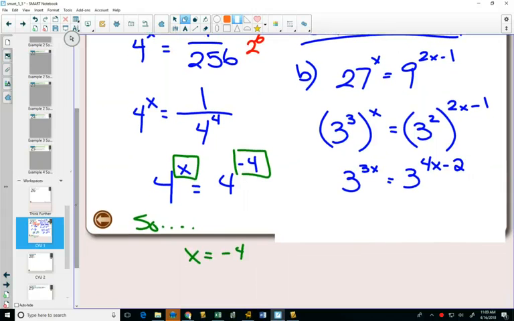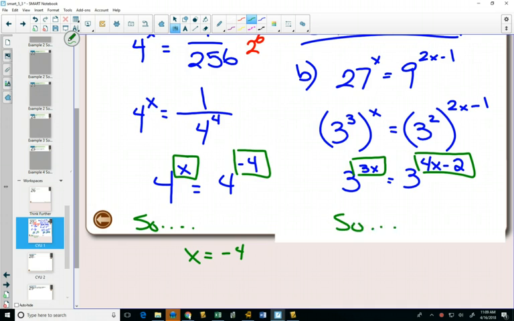And now we have succeeded in getting the bases the same, and we have a single power on both sides. So I like to take out a different color pen and say, well, if the bases are the same and the equations are the same, the exponents must be the same. So because of that, I know that 3x has to equal 4x minus 2.